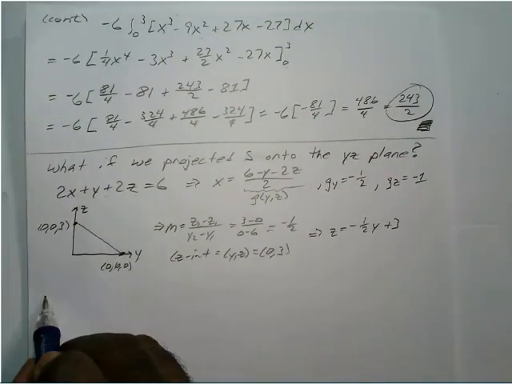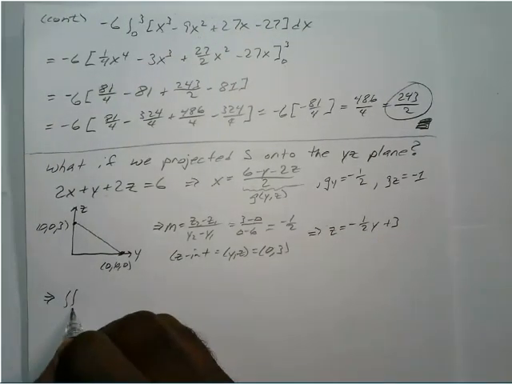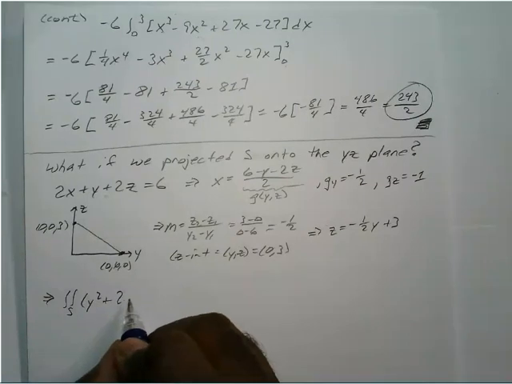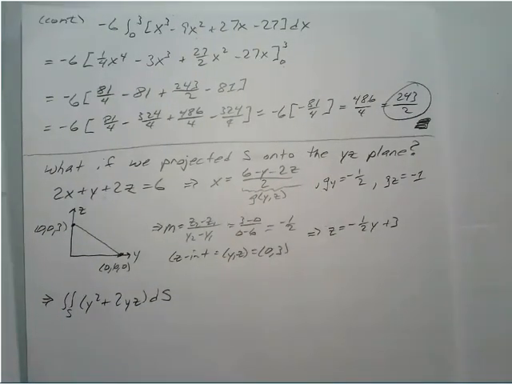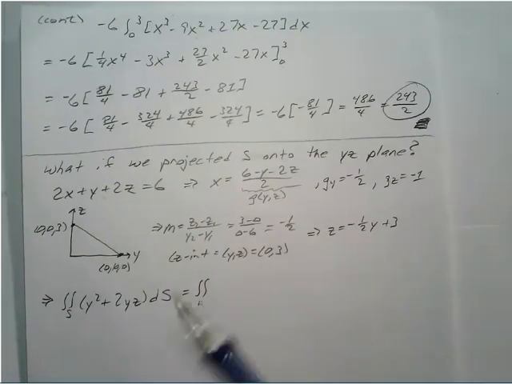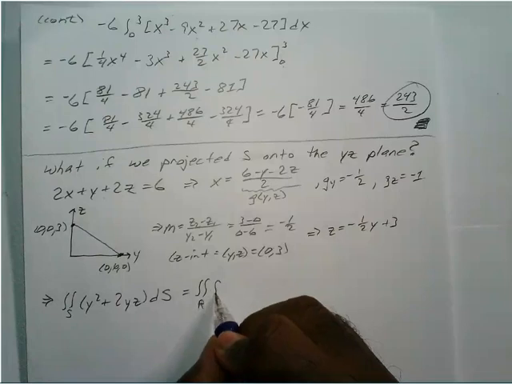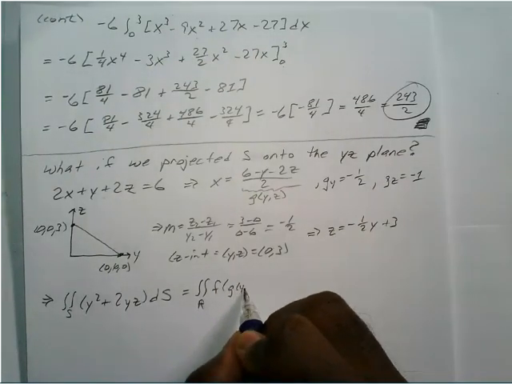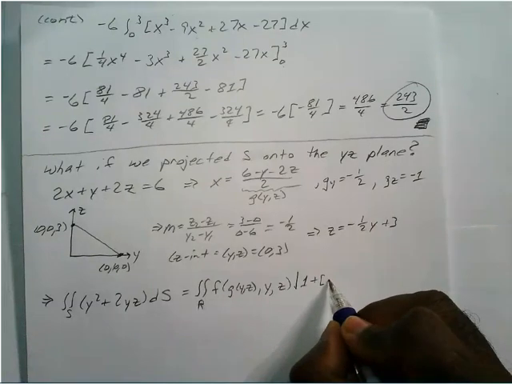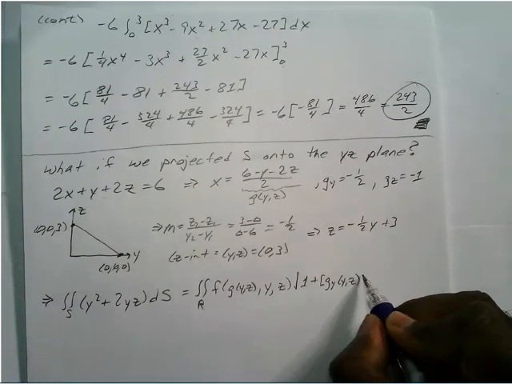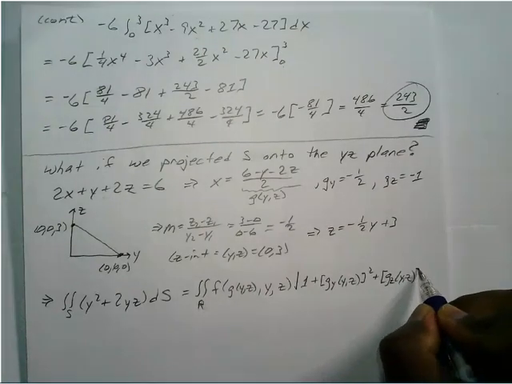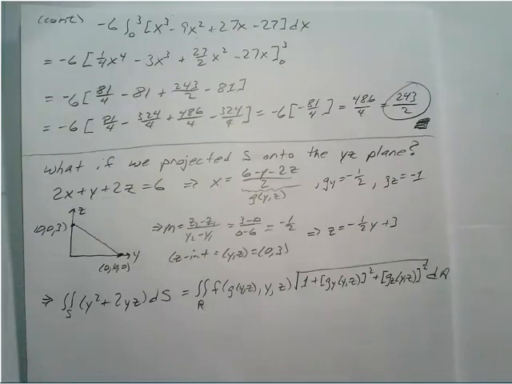All right, so now going up, we start off with the same problem we want to evaluate, the double integral of y squared plus 2yz with respect to S. Remember, that's going to equal the double integral over the region R of f of g(y, z), y, and z, times the square root of 1 plus the partial of g with respect to y squared plus the partial of g with respect to z squared, with respect to the area.